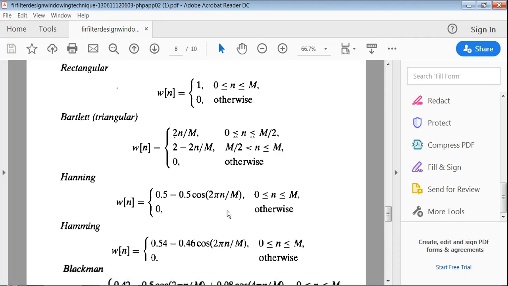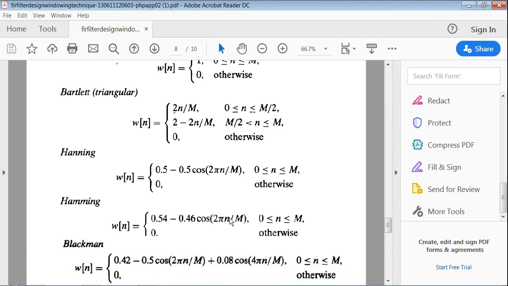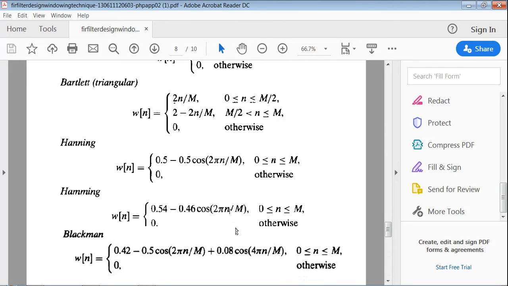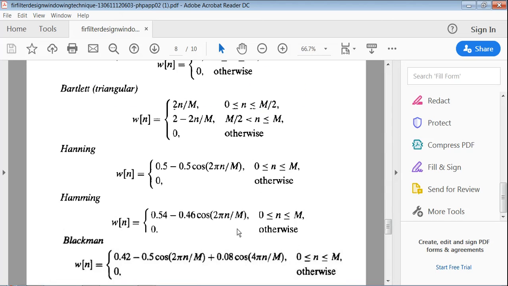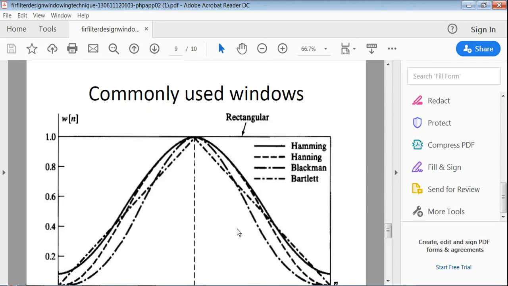we can find out h of n. See the formula for the Hanning window. The Hanning window and Hamming window formulas are slightly the same. Instead of 0.5 it is just 0.54, and instead of 0.5 it is 0.46. And see the Blackman window, this consists of 3 terms.